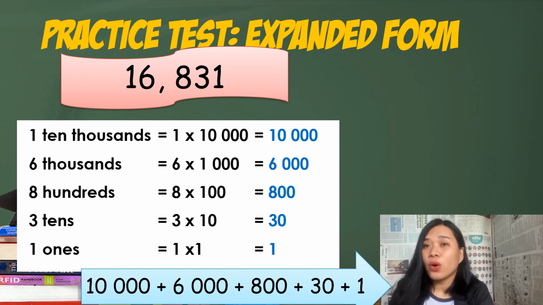So we have 1 10,000s, 6 thousands, 8 hundreds, 3 tens, 1 ones.